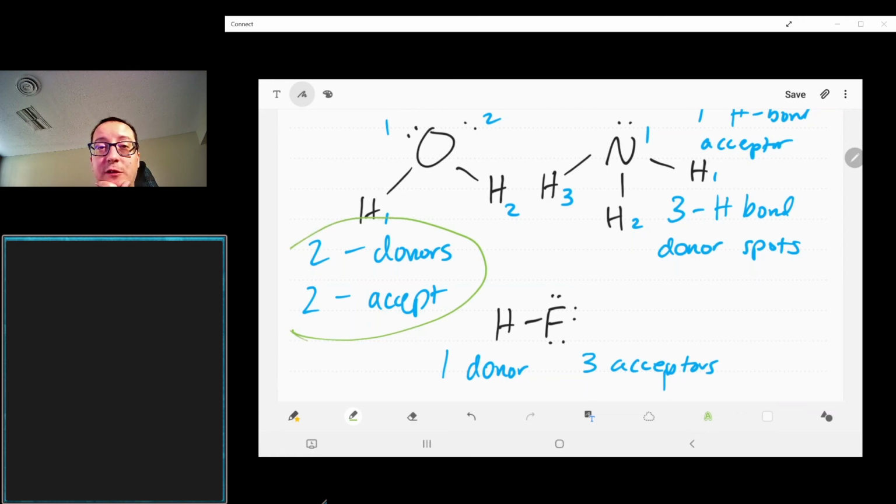For all of these reasons, oxygen being still very electronegative, but also having the kind of equal capacity to donate and accept hydrogen bonds, is what really sets it apart. With HF, yeah, you have a lot of accepting spots, but you don't have a lot of donors, right? So you're kind of limited by that. The same thing with ammonia. You have a lot of spots to donate, but you don't have a lot of spots to accept hydrogen bonds.